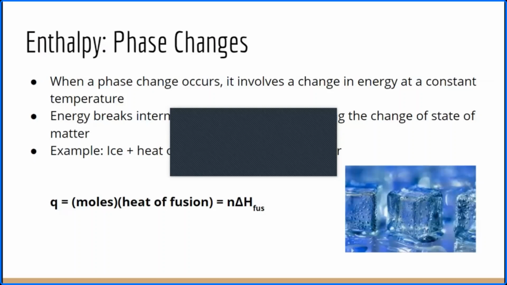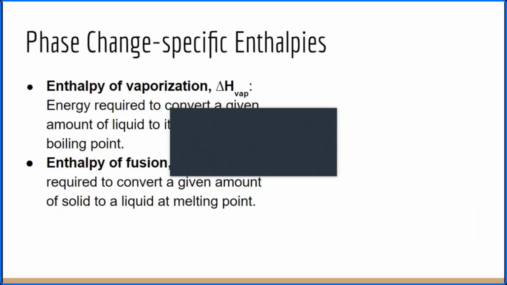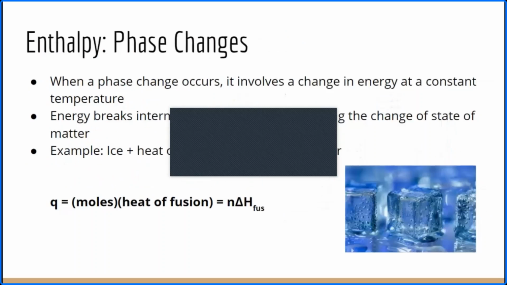So when we have a positive enthalpy, essentially, we're breaking the interactions, and it's changing from either a solid to a liquid or a liquid to a gas. And then vice versa results in a negative enthalpy change because you're releasing energy in order to create those interactions.